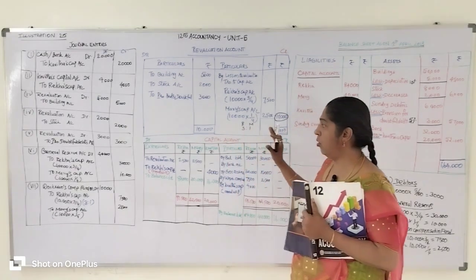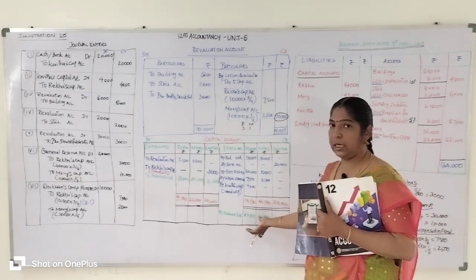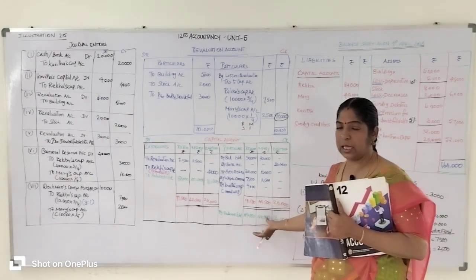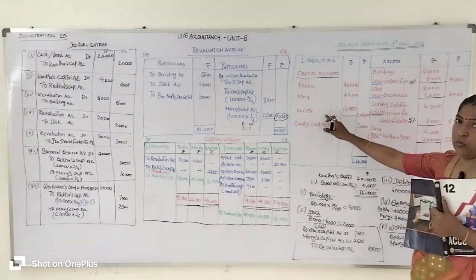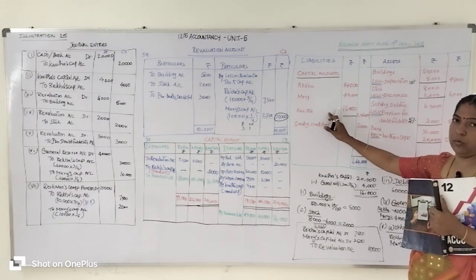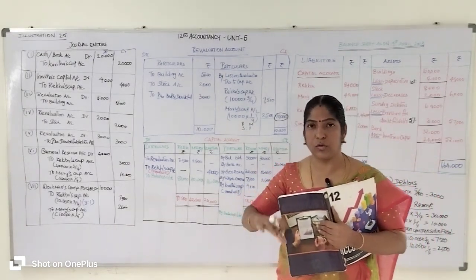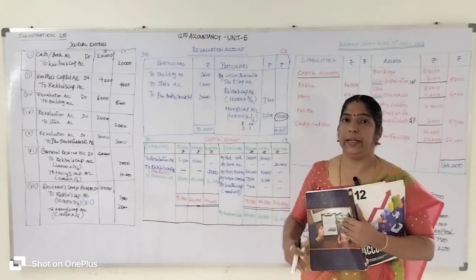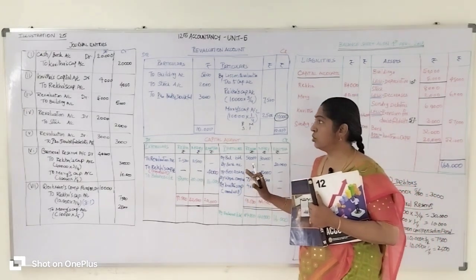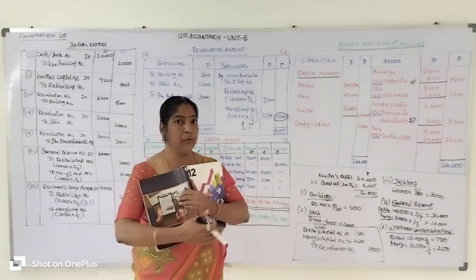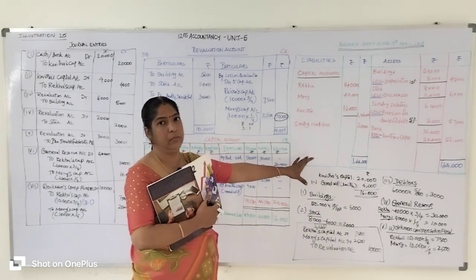After all the related adjustments in the capital account, finally we get the original capital value. From this capital account only we are going to enter the respective partners' capital in the balance sheet. So even if they didn't ask for the capital account, we need to prepare it. Listen carefully, we need to prepare the capital account, and only after that we are going to prepare the balance sheet.